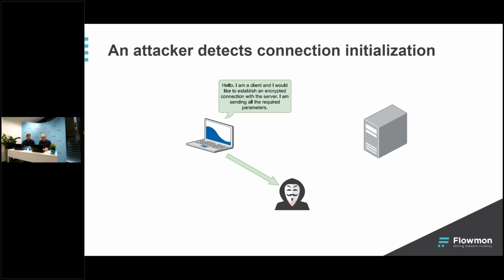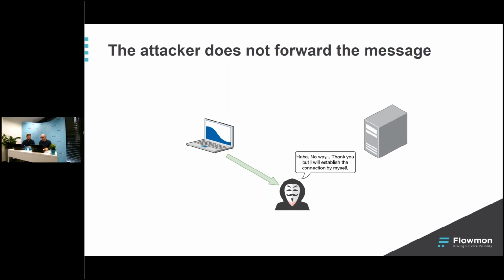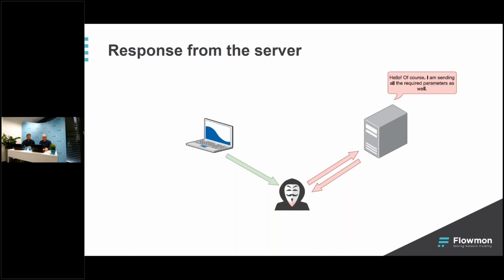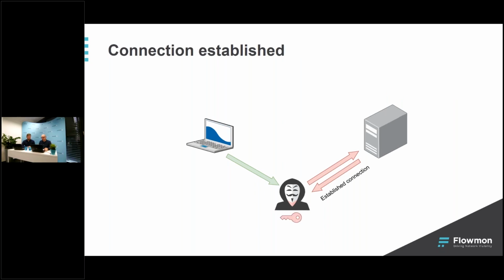What the attacker basically does is not forward the packet to the legitimate server, but instead establish the connection by himself. He pretends to the server that he's a legitimate client and establishes a connection with it. The attacker communicates with the server, the server responds, and as a result they both share a key for encrypting and decrypting the traffic.